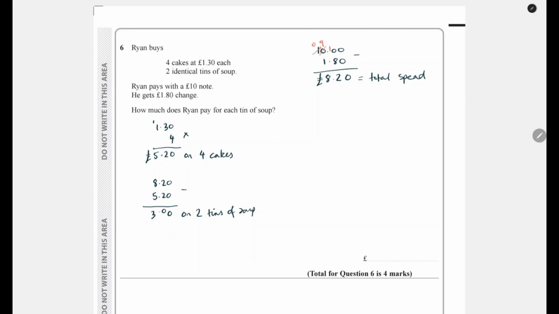And so if 2 tins of soup is £3, how much is 1 tin of soup? Well, it's just the £3 divided by 2, which is £1.50. So 1 tin of soup costs him £1.50.